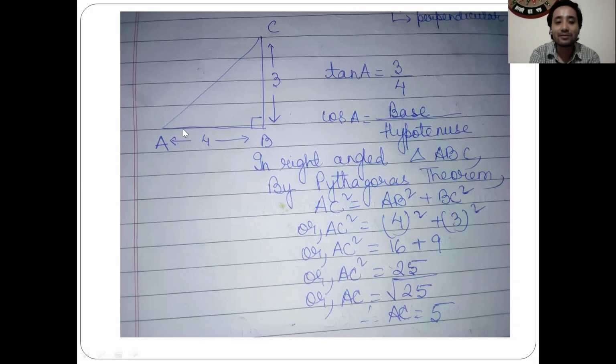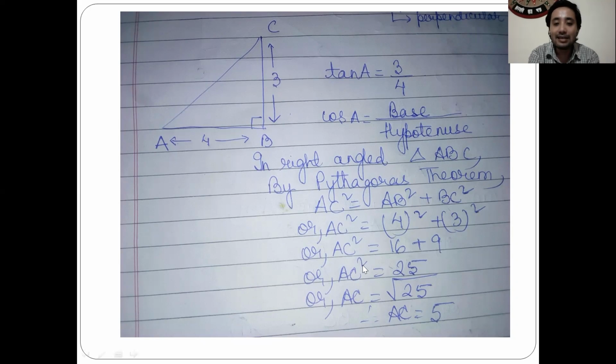Which are the other two sides remaining? AB and BC. In place of AB, I already know the value. I'll put down 4, and for BC, 3. So 4 square is 16, 3 square is 9. I think you all know how to find 4 square, 4 into 4. All right. So 16 plus 9 is 25.